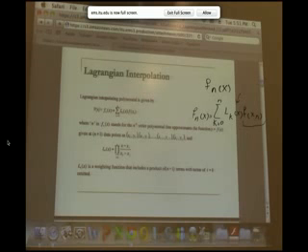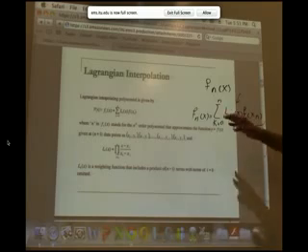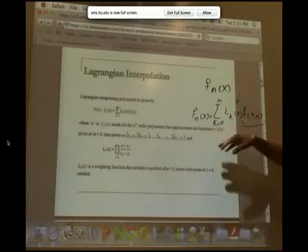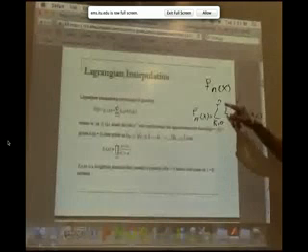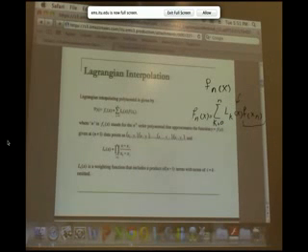If it's linear, quadratic, cubic, it can be a different fn of x. It is equal to the summation from k equals 0 to the number of points that you have, of a constant that we call lk of x, times f of xk. f of xk is the value that you have for a specific point.